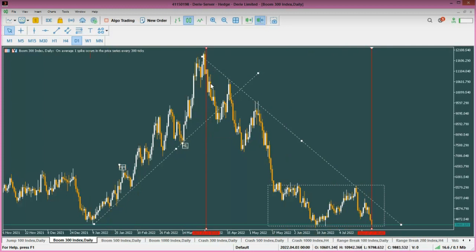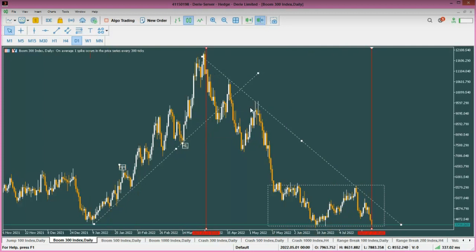What was it? The sellers came into power. The sellers came into control. As you can see, during this period the sellers were in control. Then the same thing happened there.